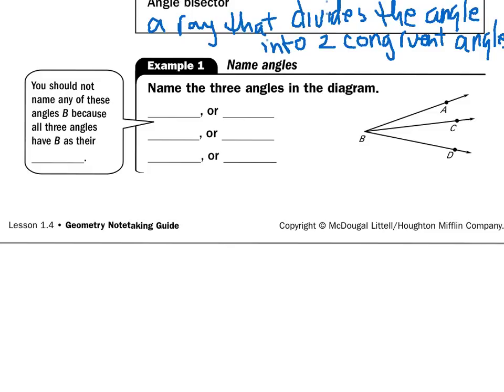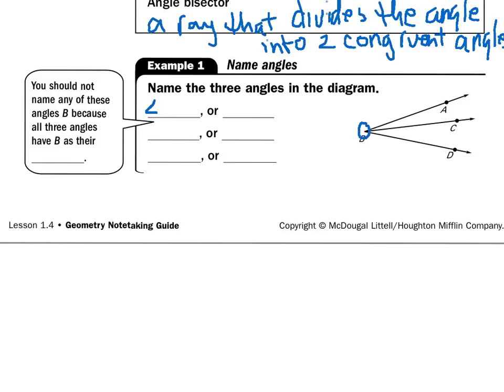Now, it would be tempting to just name this angle B, but we can't name it angle B because we don't know which B we're talking about. So, we have to name it by using 3 letters. So first we write the angle symbol, and then the endpoint.